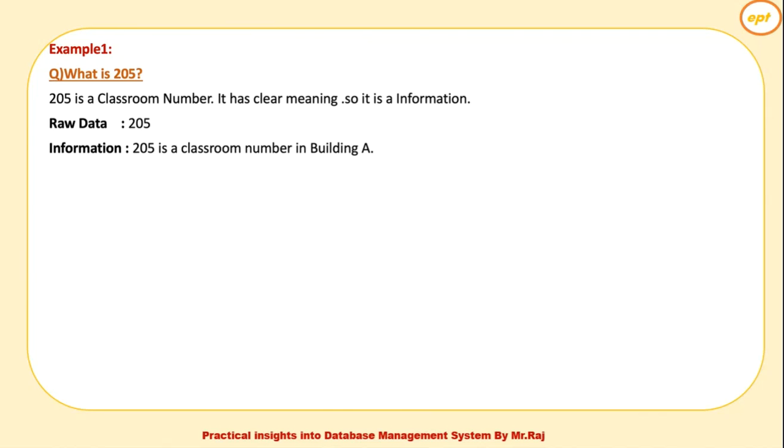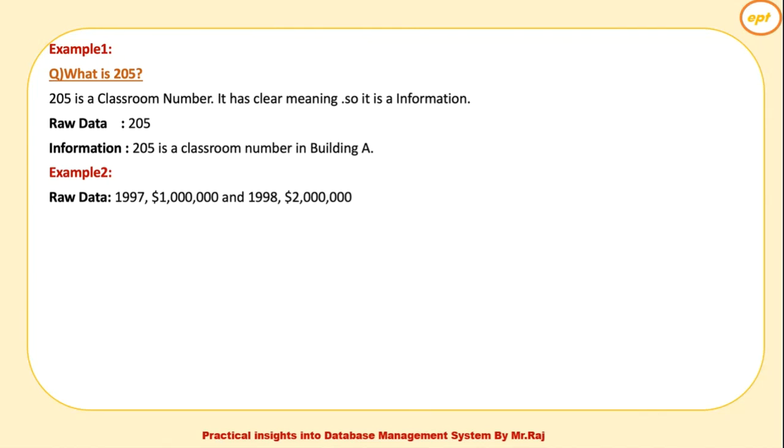Let us move to the next example. Now see here, I have some raw data. Now you tell me the information with respect to this raw data. 1997 1 million, and 1998 2 million. What is that? Tell me the information related to this one.